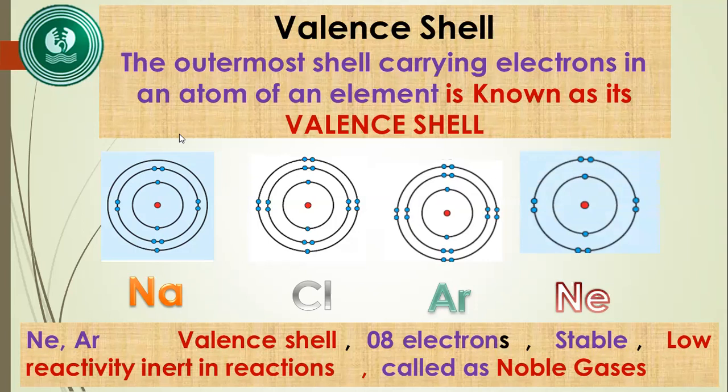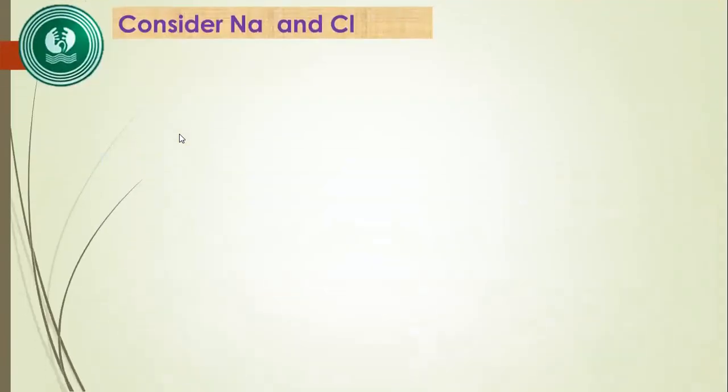In argon and neon, the valence shell has 8 electrons, which means they obey the octet rule. So they are stable and under normal conditions they do not go into reactions. In reactions they are inert, so we call these elements noble gases. Consider sodium and chlorine.